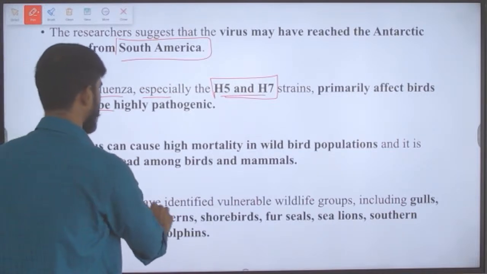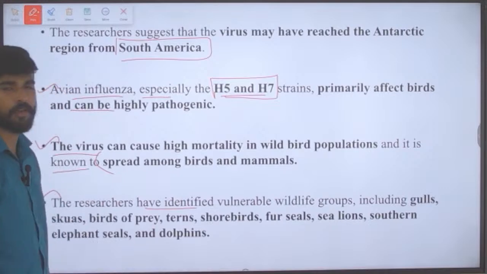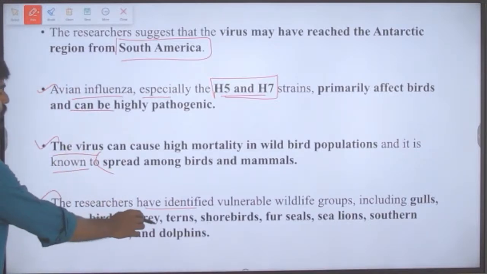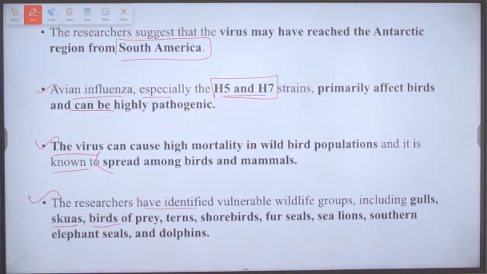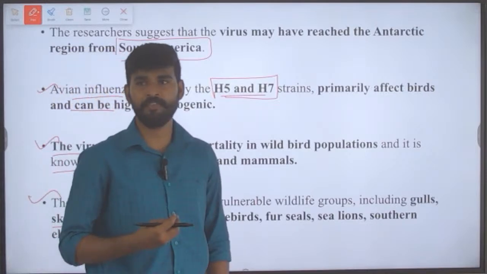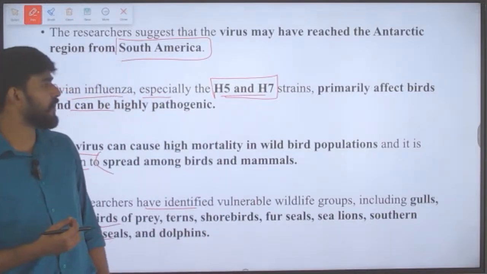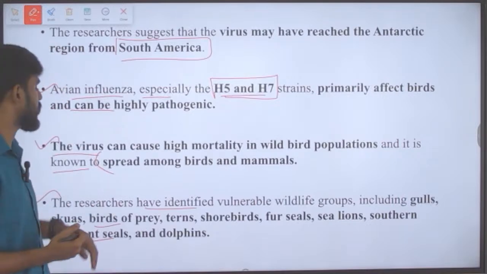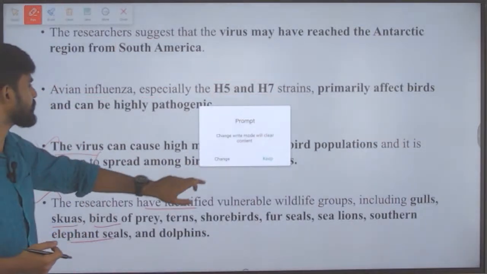The researchers have identified vulnerable wildlife groups including gulls, skuas, birds of prey, terns, shorebirds, fur seals, sea lions, southern elephant seals, and dolphins. These are all the organisms vulnerable to the attack of avian influenza, that is H5 and H7, highly pathogenic avian influenza, HPAI.